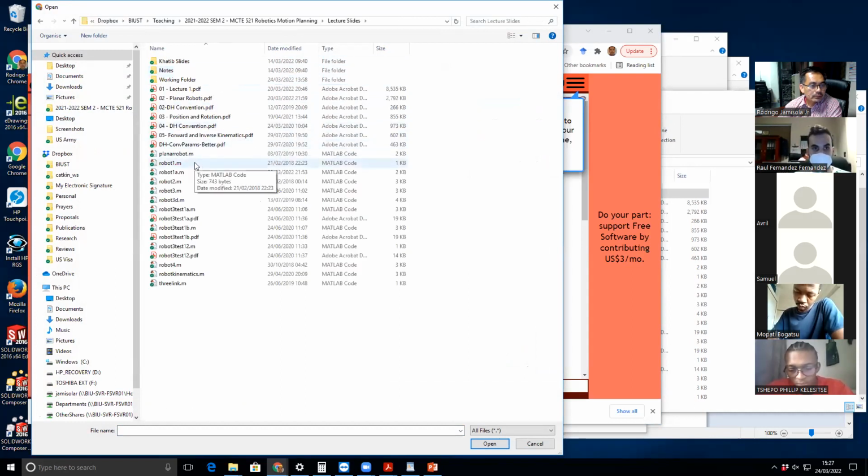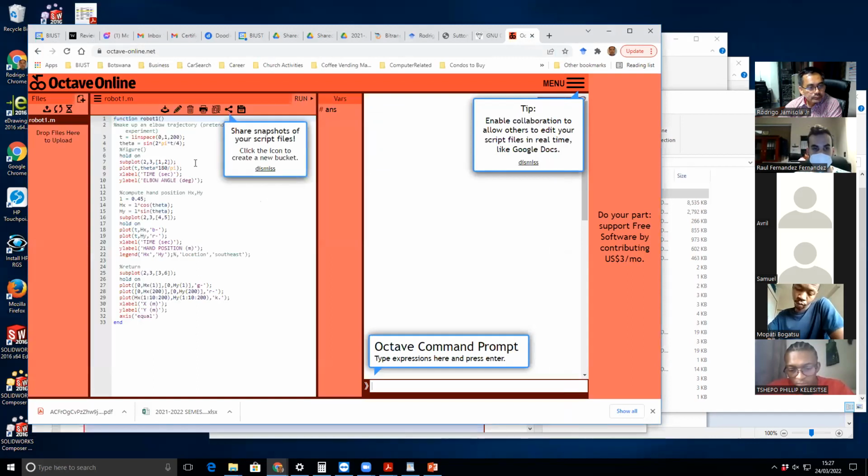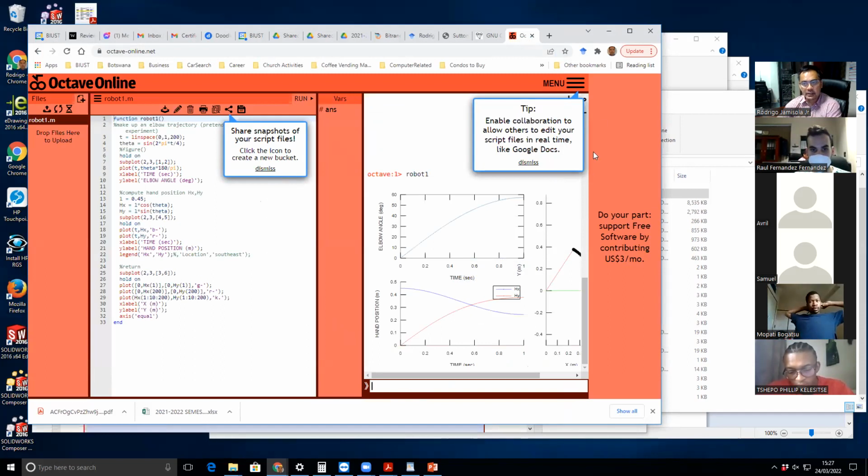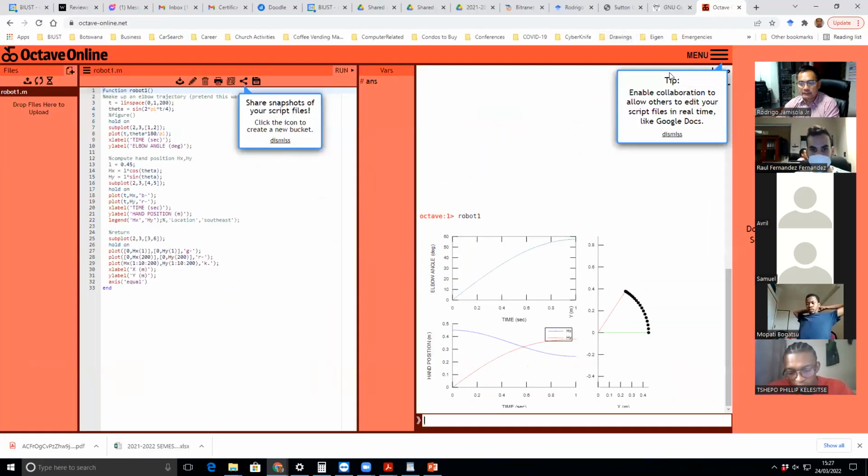And this robot one. Okay, let's see if this one runs. Can I say robot one? Okay, it's running. So now, do you see that?